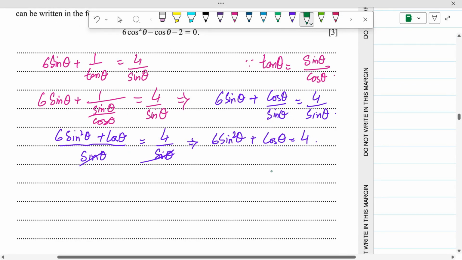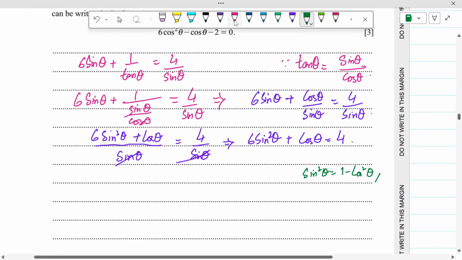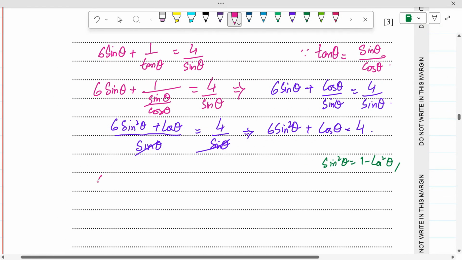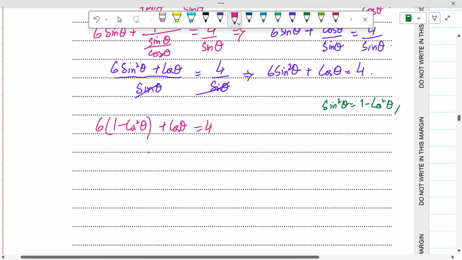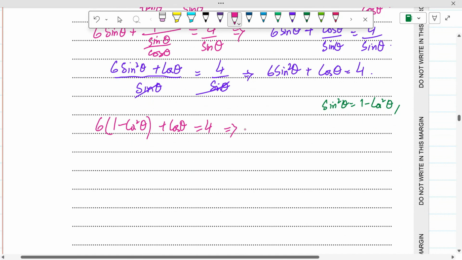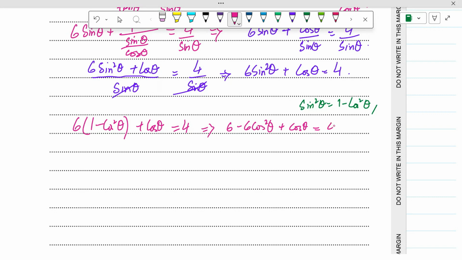And we know that sine square of theta is equal to 1 minus cos square of theta. So this equation will be 6 times 1 minus cos square of theta plus cos of theta is equal to 4. Multiplying, we will have 6 minus 6 cos square of theta plus cos of theta is equal to 4.